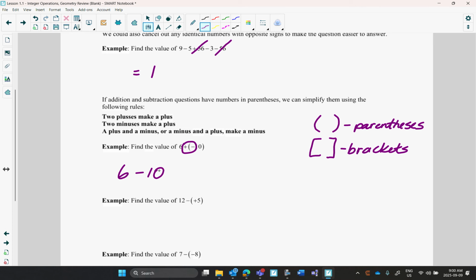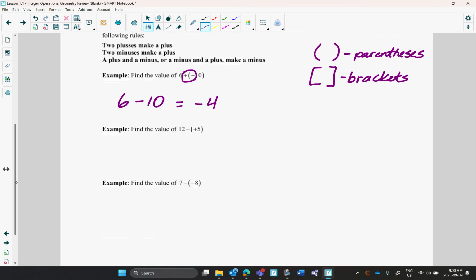Now we're back to questions we did before. What would the answer be? -4. What would this question look like without the parentheses and the signs combined, Romy? Good. And this one? 7 plus 8, which is 15. Good.